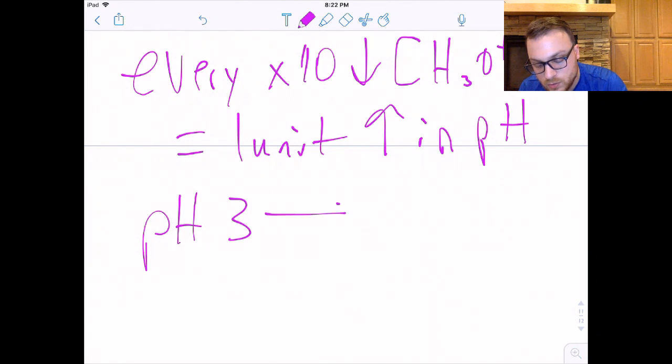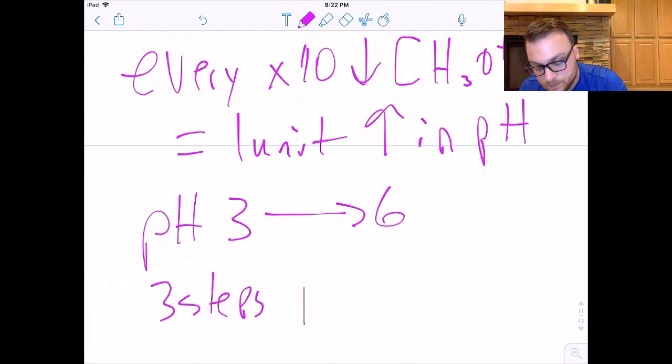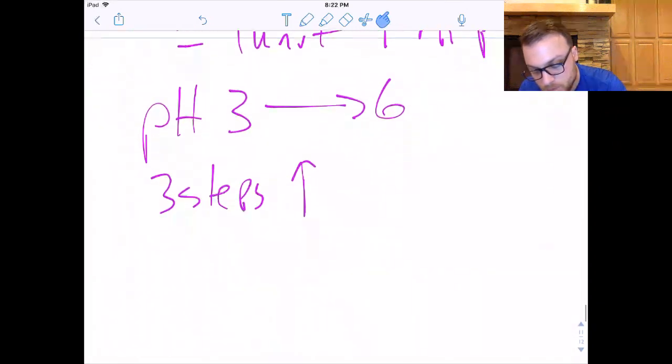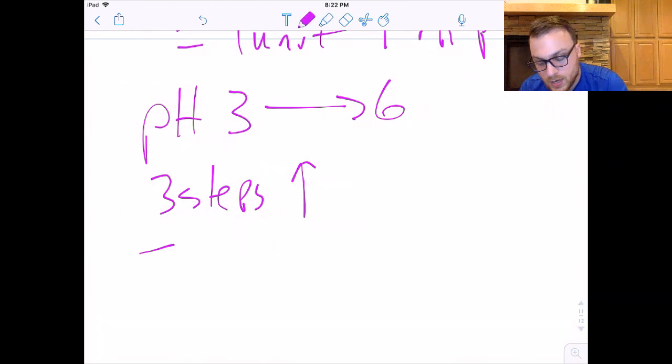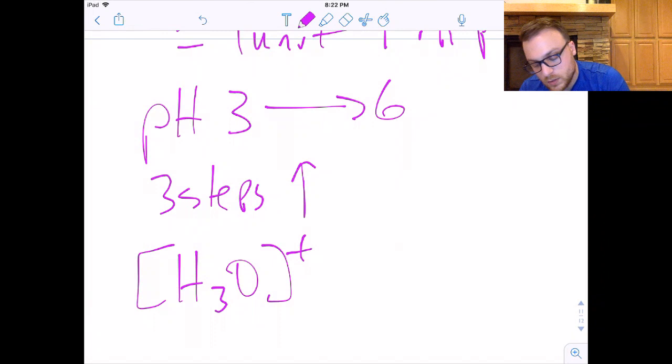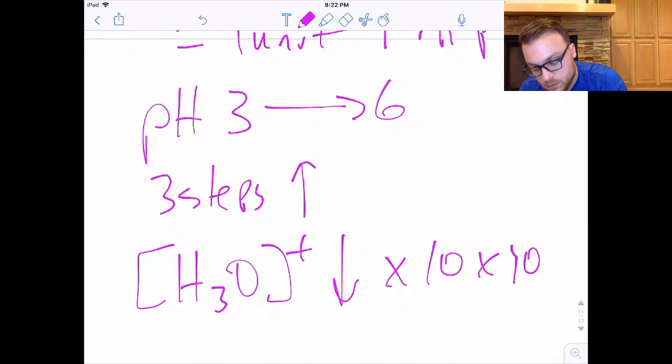That's 3 steps up. Your H3O plus decreases 3 multiples of 10. So it decreases by 1,000 times.